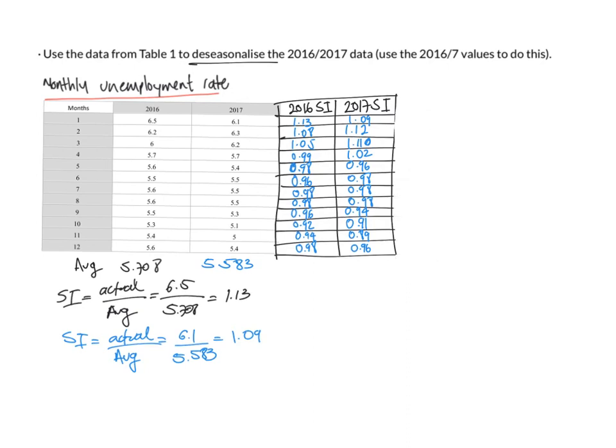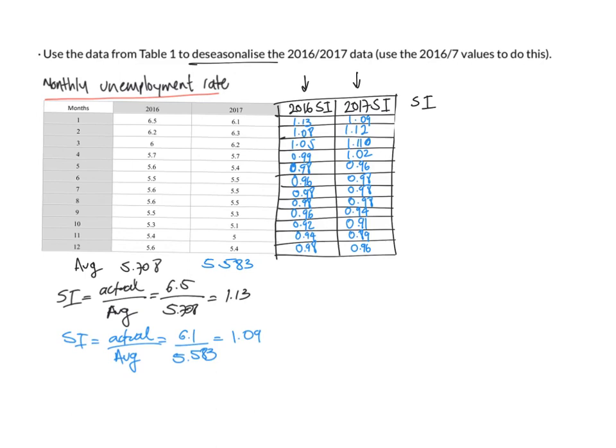Now we need to calculate an overall seasonal index for both years, 2016 and 2017. So we need an average seasonal index.